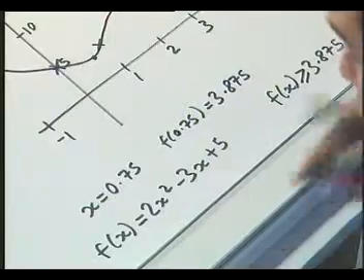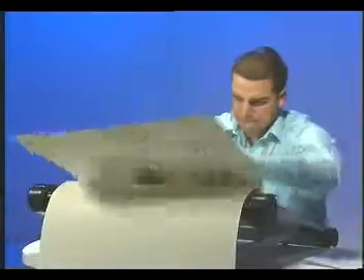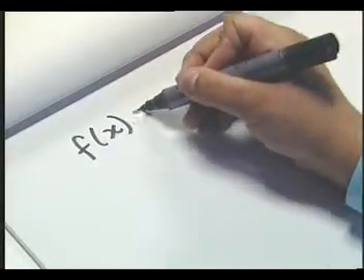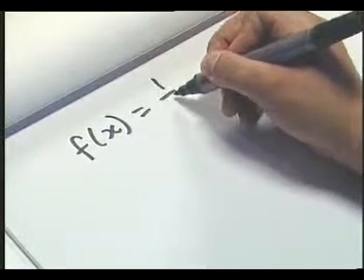So, for the next example, what would happen if we had a function f defined by f of x equals 1 over x?